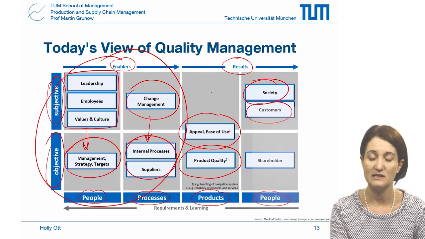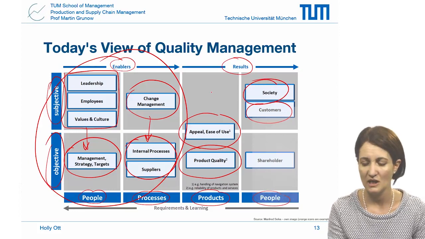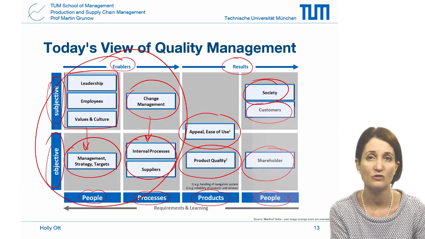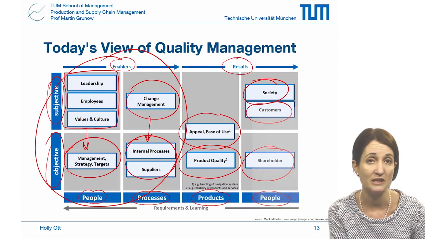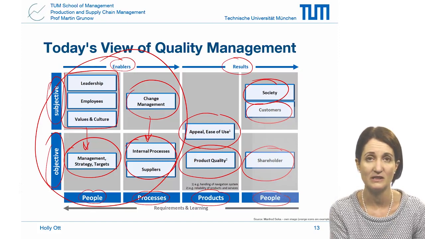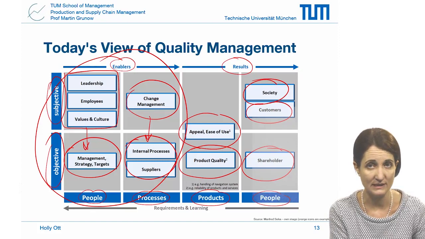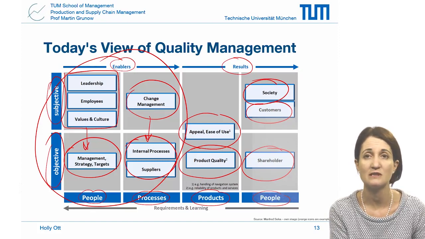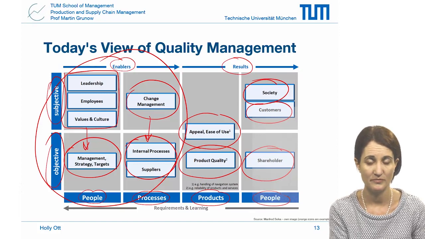We may have stakeholders around us that are interested, and of course, the shareholders in the company that are interested in how the company is performing. Now, what does it take to realize all these different things? Well, we're going to look at the statistics, and we're going to look at processes, products, critical to quality parameters, performance, but it takes a lot more.